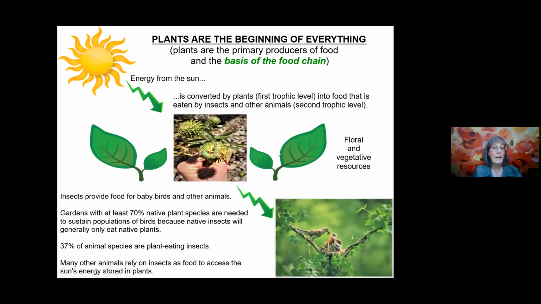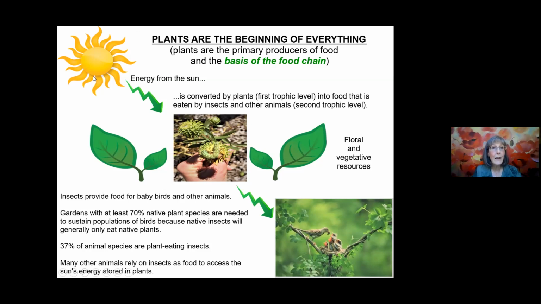And studies have shown that gardens with at least 70% of native plant species are needed to maintain populations of birds, because caterpillars are the preferred food for baby birds. And native insects basically only eat native plants.